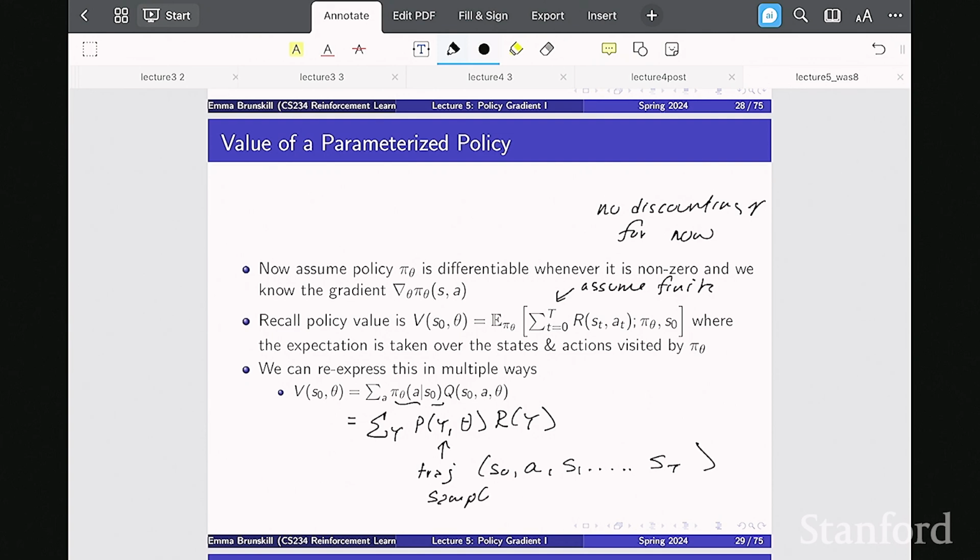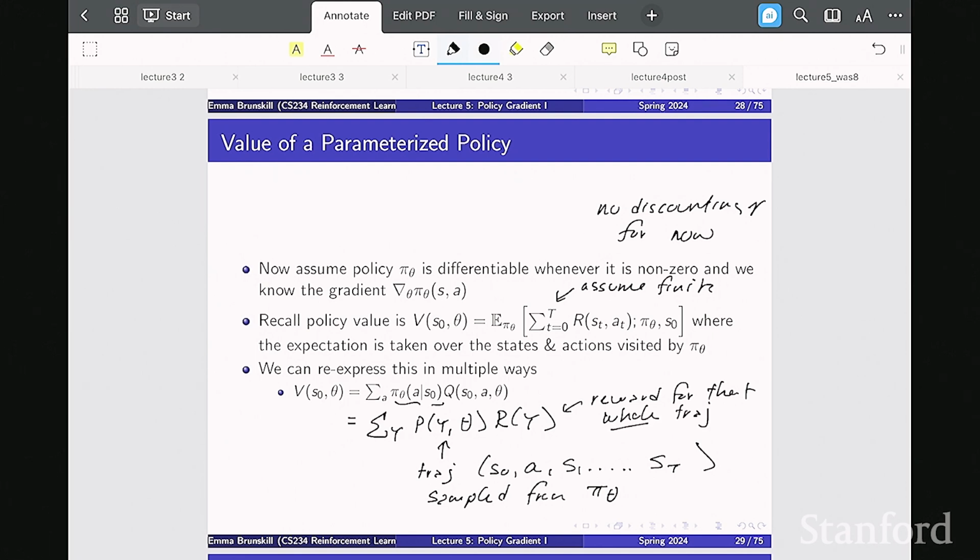sampled from pi theta. Okay. So another way we can think of the value, and then this is going to be the reward for that whole trajectory.